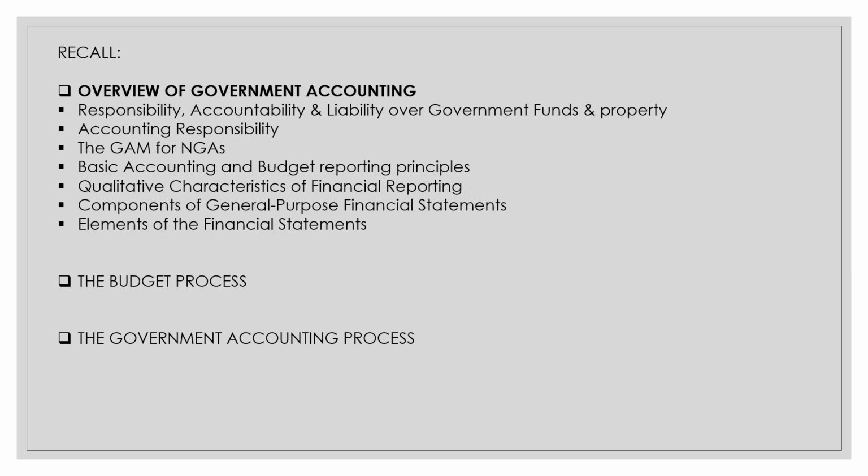We also discussed the responsibility, accountability, and liability over government funds and property. We also discussed the GAM, the Government Accounting Manual, which replaced the NGAS in 2016 for national government agencies. So take note, we are now using the Government Accounting Manual.